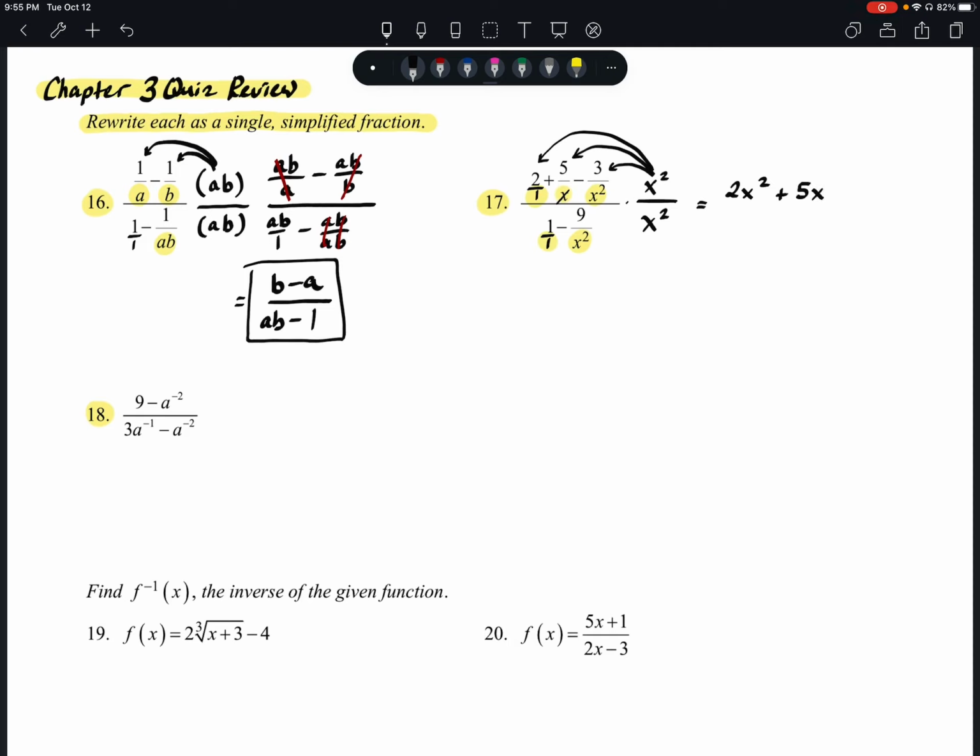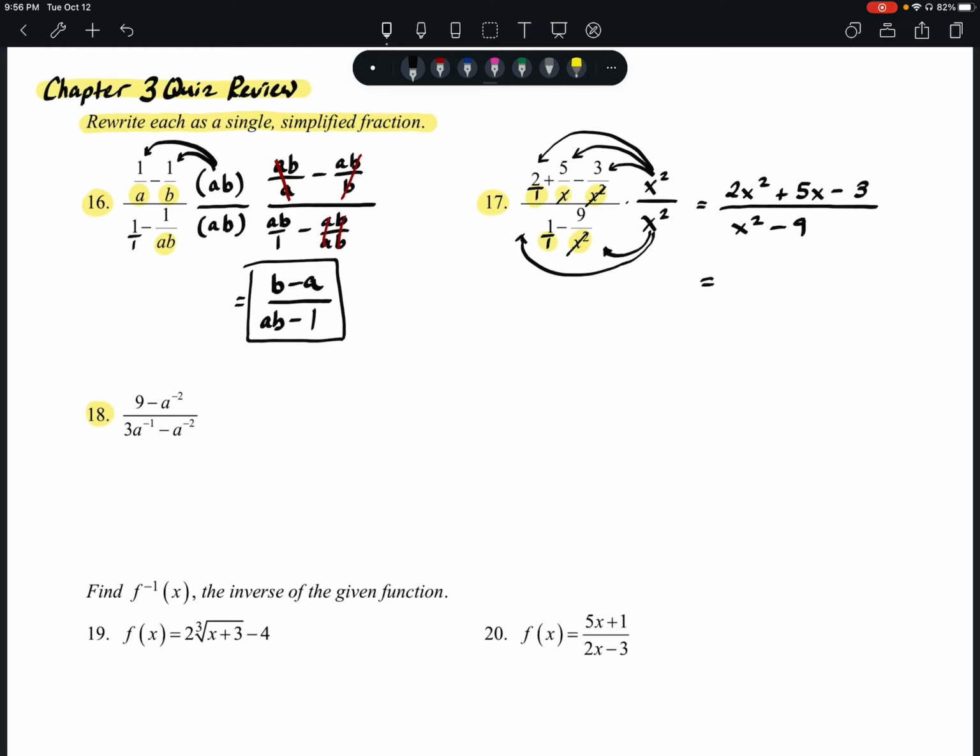And then when I do minus 3 times x squared divided by x squared, the x squareds are going to cancel, leaving us with just minus 3. On the bottom, we're going to do x squared times the 1 on the top, which would be just x squared. And then x squared times 9, and then dividing by the x squared is going to cancel that out and have this x squared minus 9.